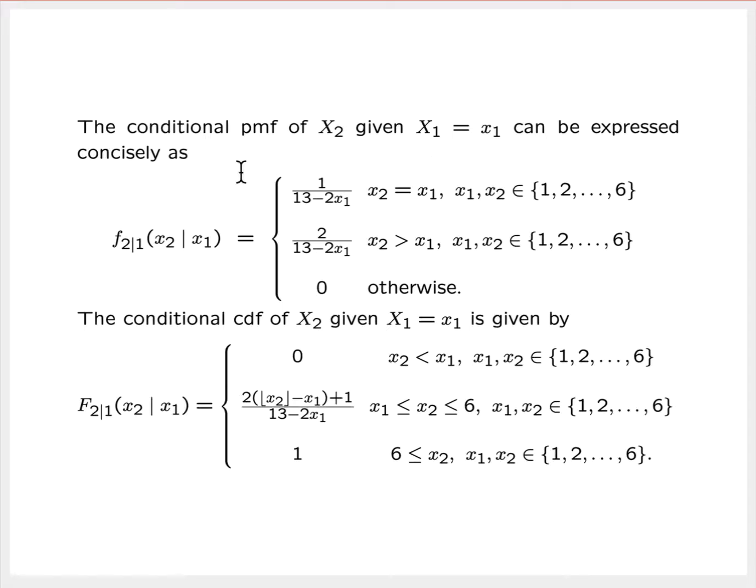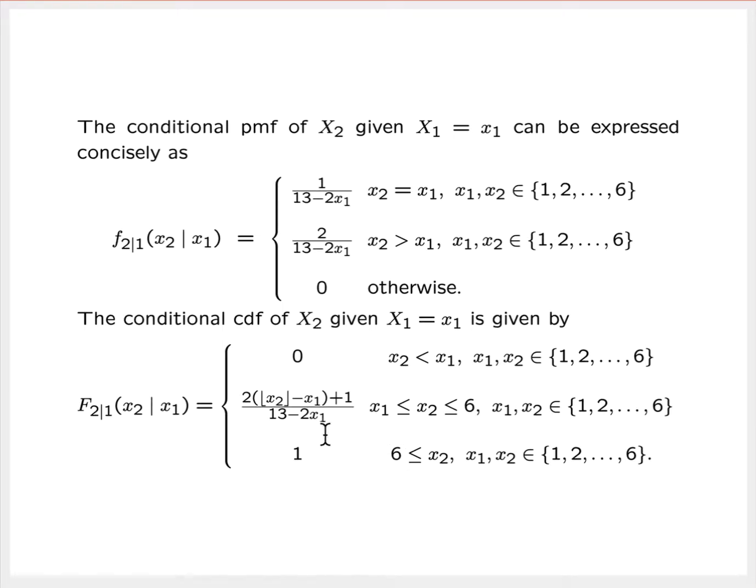Now, once we have this, we can derive the conditional CDF of x2 given x1, and it's given by the following expression. It is 0 as long as x1 and x2 are both integers from 1 to 6, and x2 is less than x1. It's equal to 1 if x1 and x2 are both integers from 1 to 6, and x2 is greater than or equal to 6.